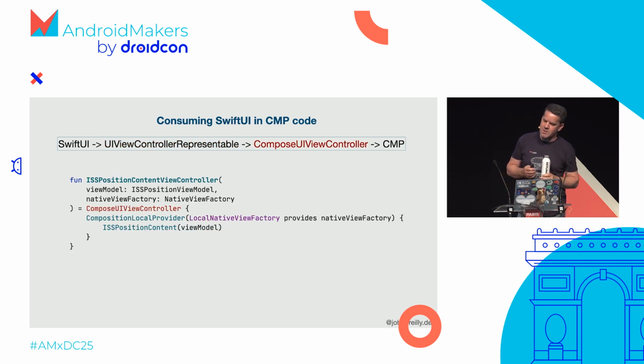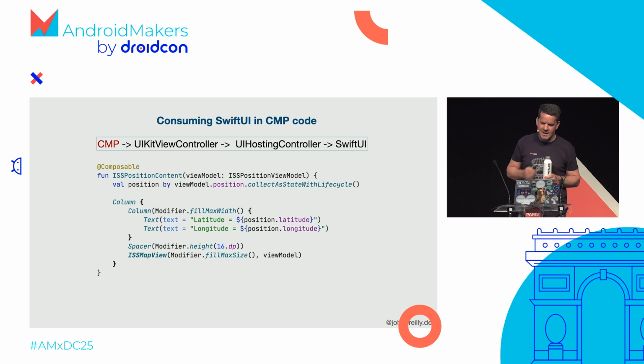That Kotlin ISS position view controller then, in turn, uses CMP's Compose UI controller to wrap the shared Compose code, ISS position content in this case, as a UI view controller, which can be included in SwiftUI. Note we're also passing down an instance of the native view factory we mentioned earlier. More about that shortly.